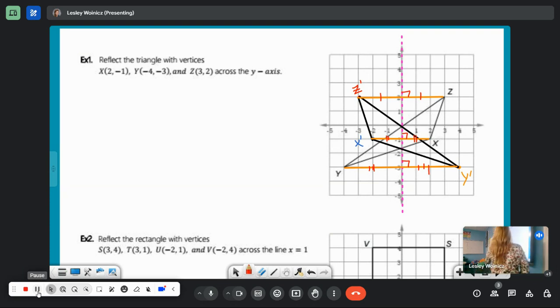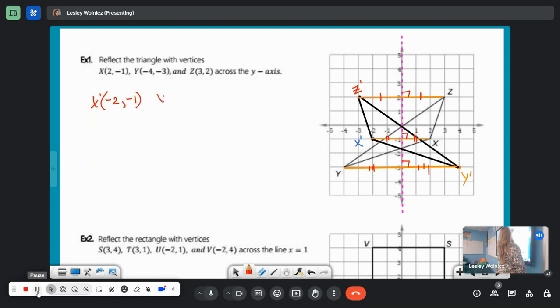So, if we were to apply the rule, let's say that they didn't give us a graph and we just had these points. Okay? If we're reflecting in the y-axis, we are going to change the sign on the x's and keep the same height, keep the same y. So I know that my x prime would be the opposite of 2, but it's going to stay at a height of -1.